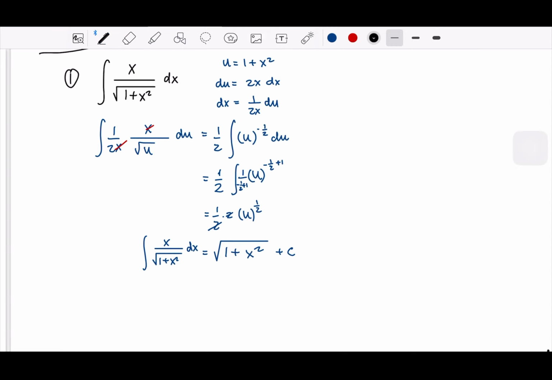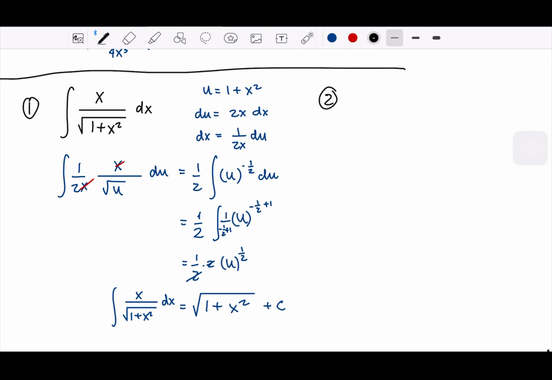The second perspective that I want to share with you is for the same integration. We can take u to be the whole square root. But instead of using this u to differentiate directly, we square both sides, and then take the derivative.